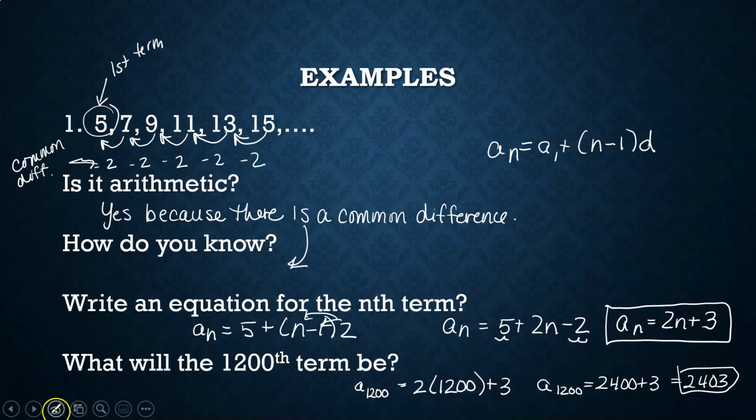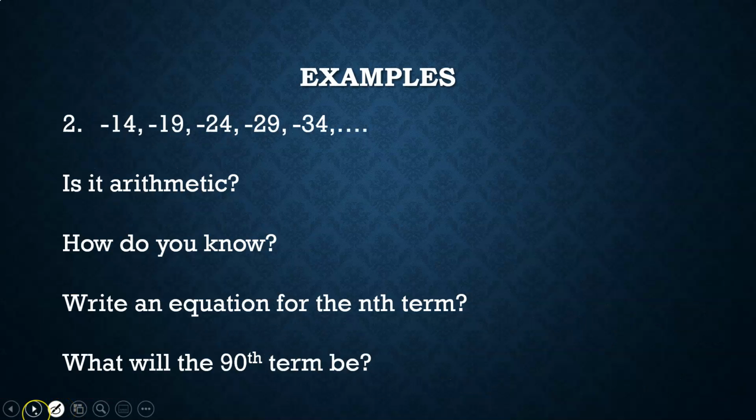All right, let's look at number 2. Here you have a sequence. It's asking if it's an arithmetic sequence. So if you check your common difference, you're going from negative 19 to negative 14.